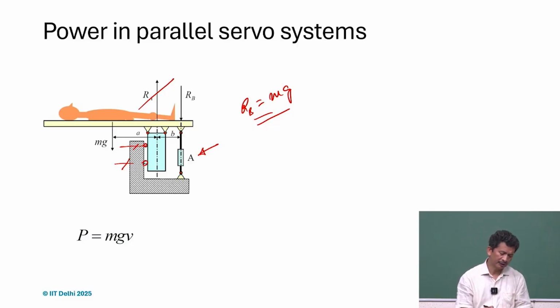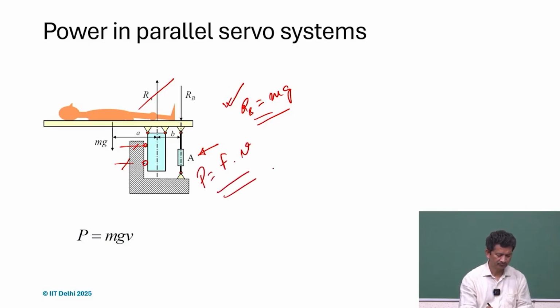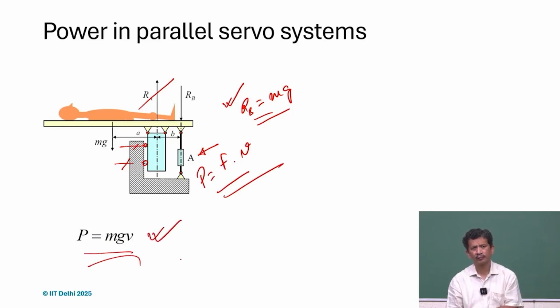So this force will be experienced by the actuator, and times V, F times V will give us the power. So this is the power required by the actuator in this case. So only one actuator, and it's passive, centrally supported. So it will take care of any tilting, and moment will be balanced.